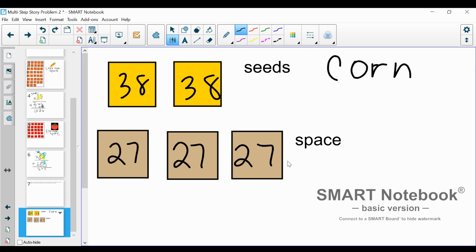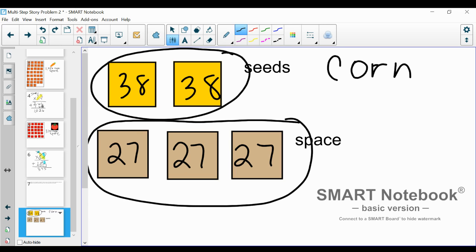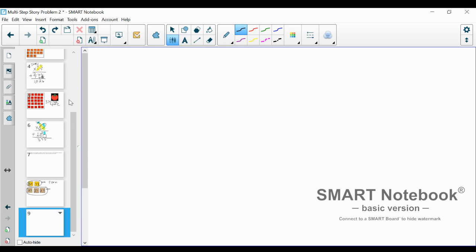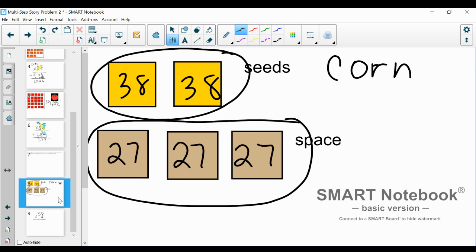So now to figure out the quantity of all of this, you can add 38 and 38, or you can just do 38 times 2. And then to figure out all the space, you would do 27 plus 27 plus 27, or 27 times 3. I'm going to do multiplication for these because I think most of you who are watching this should be able to add on your own. But multiplying, you might need a little extra help, so we're going to multiply together. So we're going to do 38 times 2, because over here we have 38 2 times.